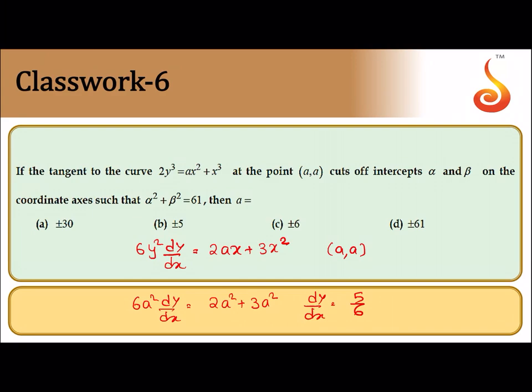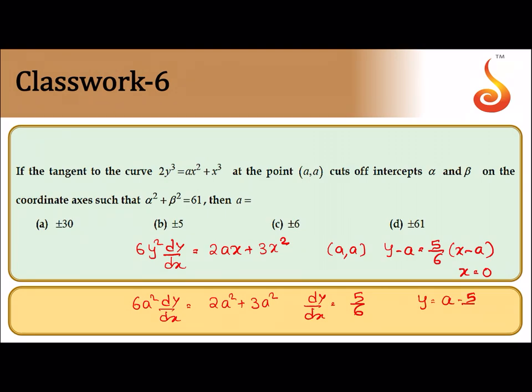So at (a, a), this becomes 6a square dy by dx is equal to 2a square plus 3a square. So we get dy by dx is equal to 5 by 6.